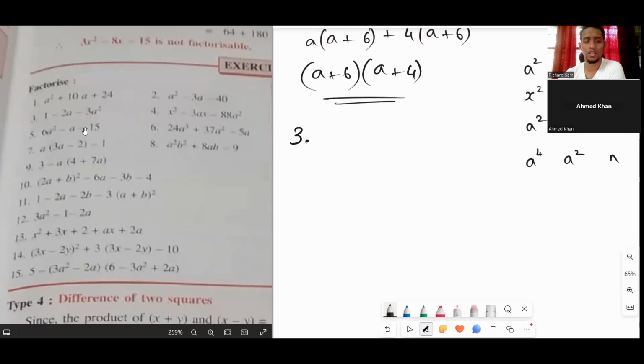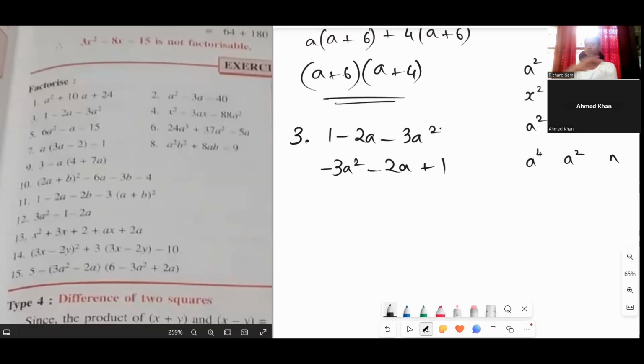Third one. So here, should we rearrange it? How? Like this? There's a minus in the front. It's a minus 3a square, okay? So it can be both ways.